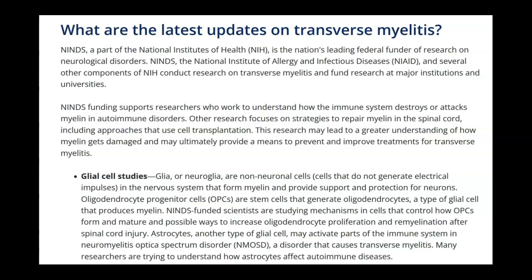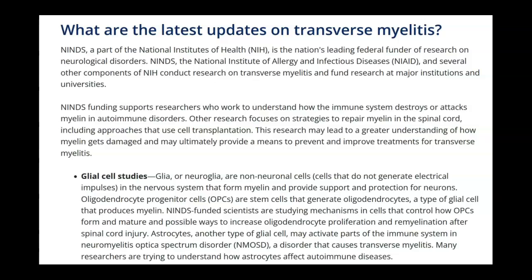Other research focuses on strategies to repair myelin in the spinal cord, including approaches that use cell transplantation. This research may lead to a greater understanding of how myelin gets damaged and may ultimately provide a means to prevent and improve treatments for transverse myelitis, and I would say probably multiple sclerosis as well.